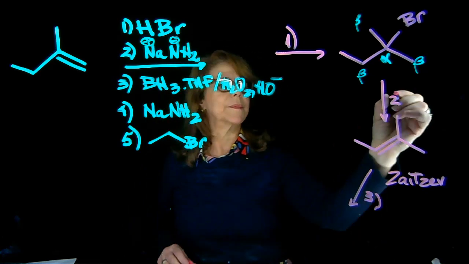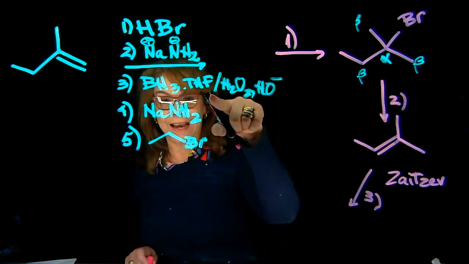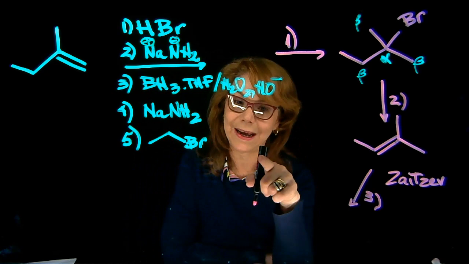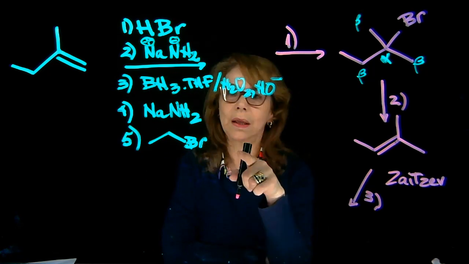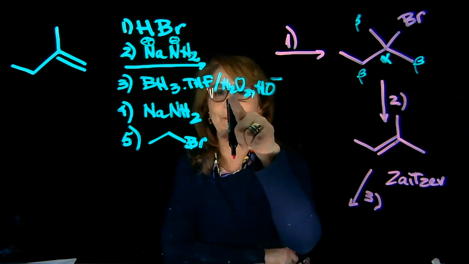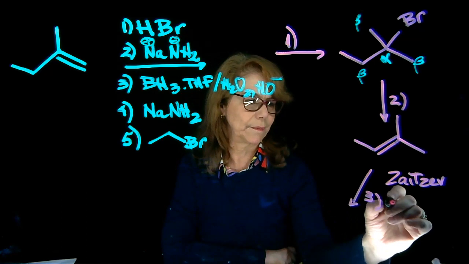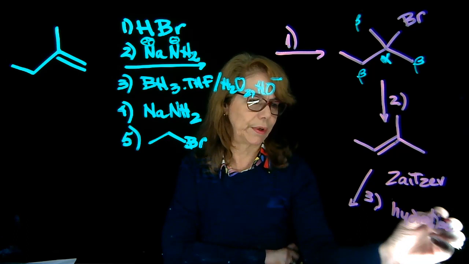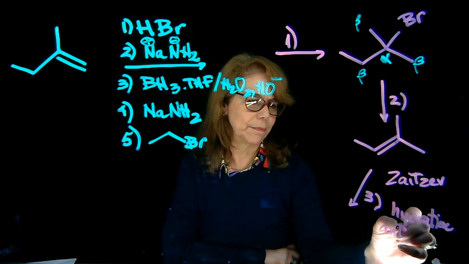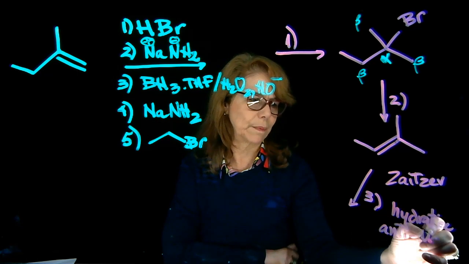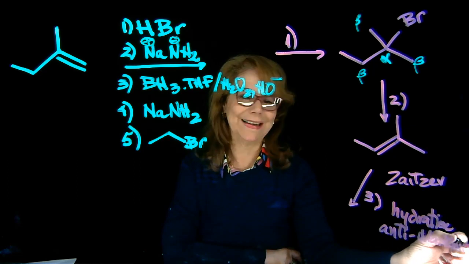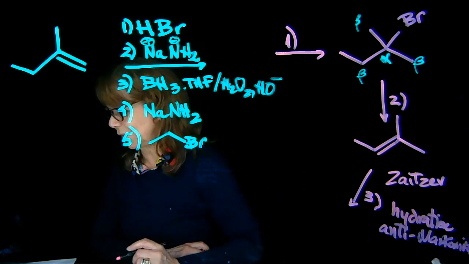Reaction 3 is a hydration, that is hydroboration oxidation. That is a hydration of an alkene. And that we know happens with that reagent in anti-Markovnikov fashion, and also syn.